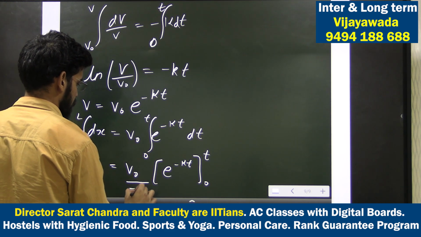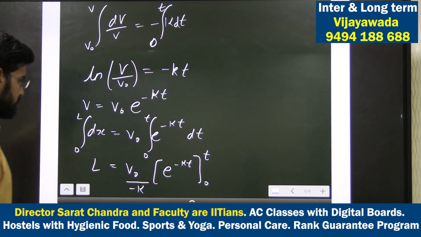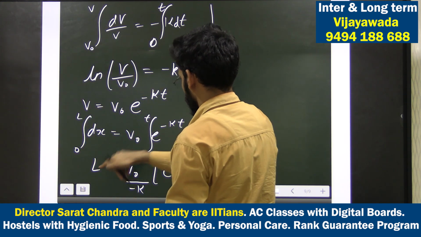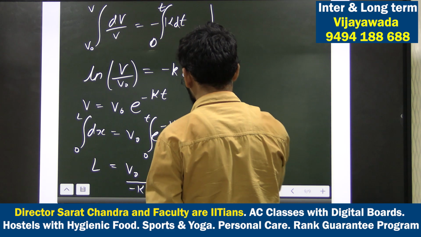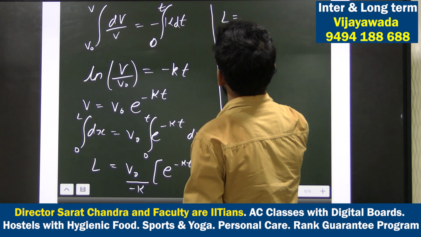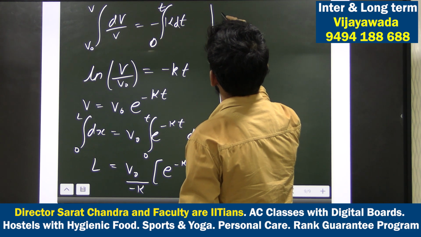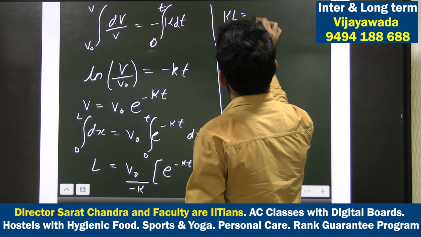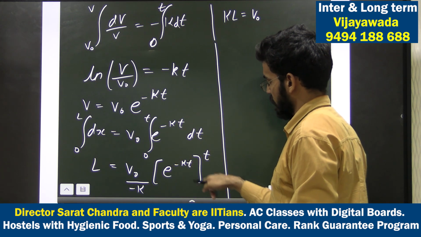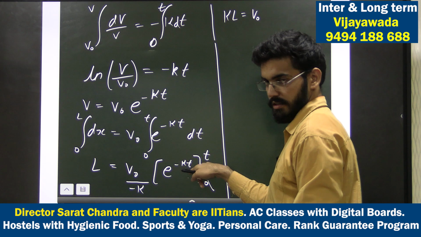So now let's solve it here only. If you take k that side, because here it will be a little bit different, kL equals v naught times: when you put t, it will come e raised to power minus kt, and when you put 0, minus 1, right?